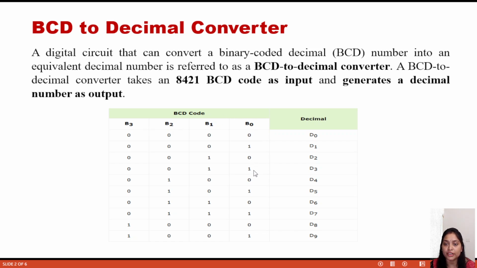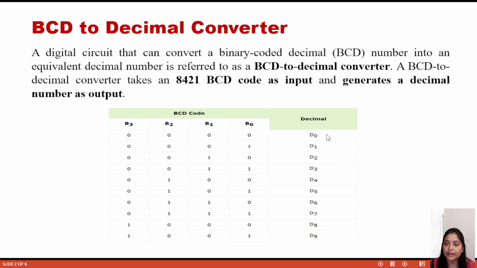We have already written all these things. D3 is 0011, D4 is 0100, D5 is 0101, D6 is 0110, D7 is 0111, D8 is 1000, D9 is 1001.